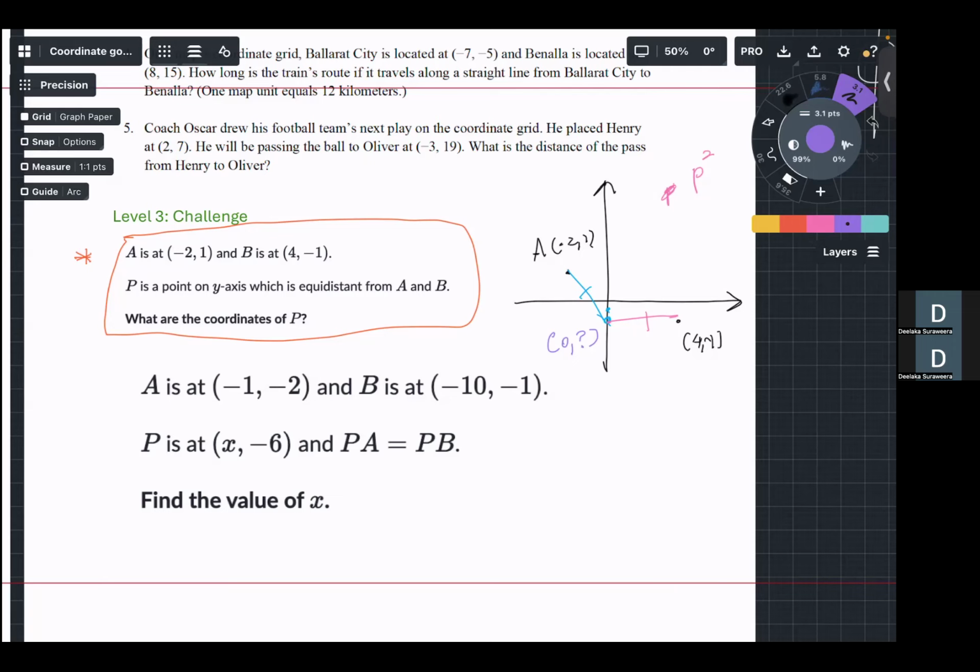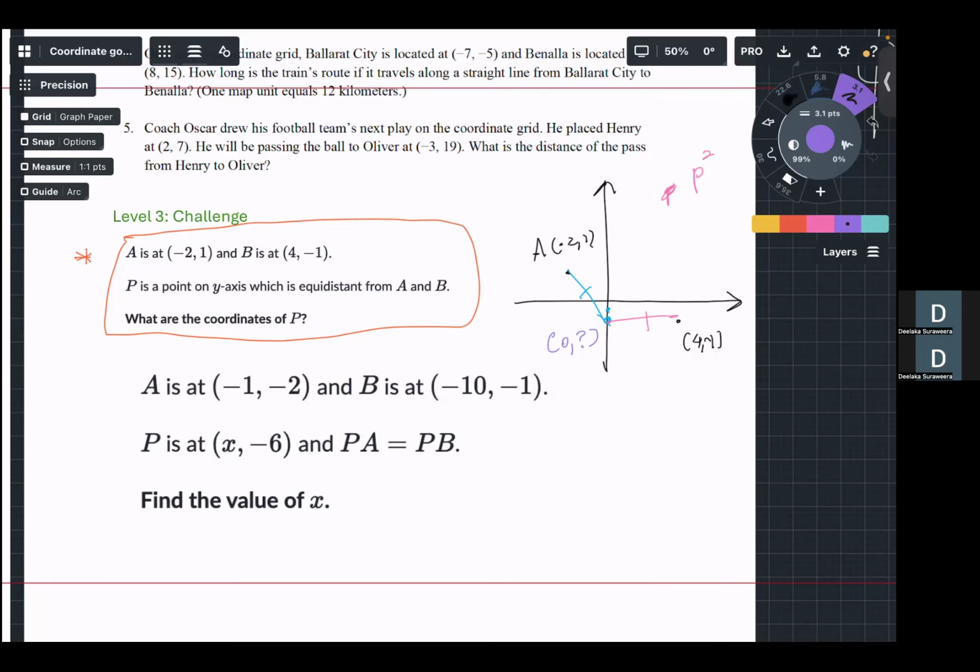I just want to clarify. P has the same distance from A and from B. They both have the same distance, right? A to P. Wait, so A and B are X centimeters or something, and P and B, X centimeters? No, we don't know A and B anyway.